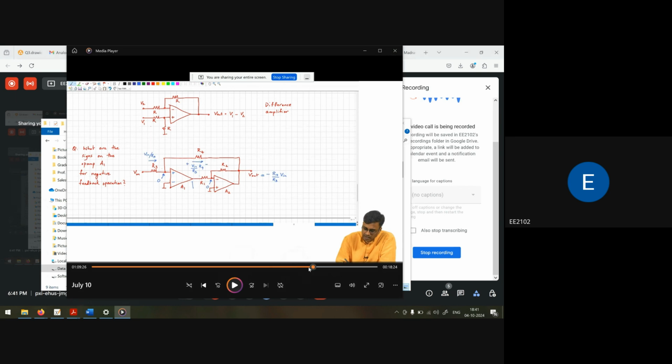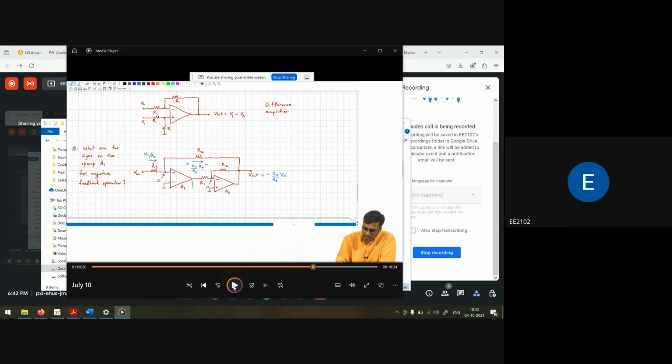But it's 1 plus R4 by R3. Or will it come only when the amplifier is in single form and not as a combined form?